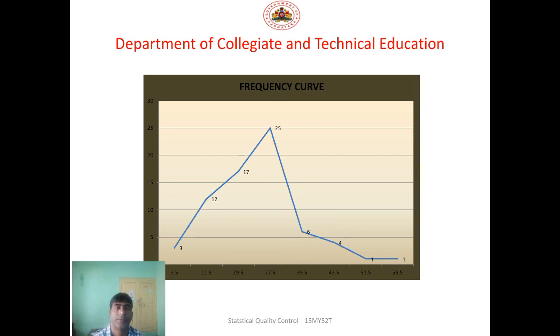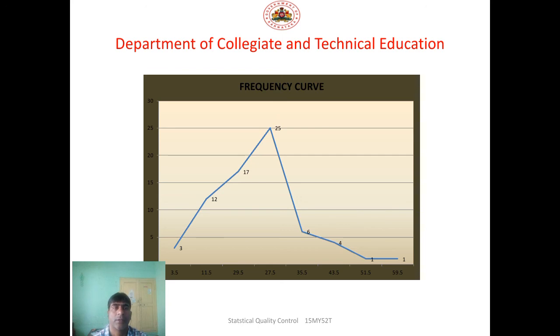So join the points with straight lines to get the curve. Hope all of you are drawing. Mark the midpoints and join the curve as I have shown on the screen.